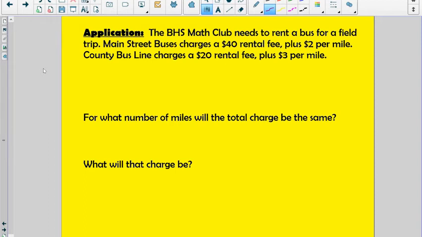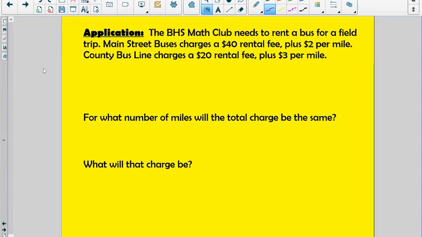So Main Street Buses charge a lot more up front. Just to rent the bus, you have to pay $40. County Bus Line only charges $20 for that rental fee. So Main Street Buses get more up front right away. However, the further the trip, the more you're going to have to pay for County Bus Line, because they charge $3 for every mile, where Main Street Buses only charge $2 for every mile.